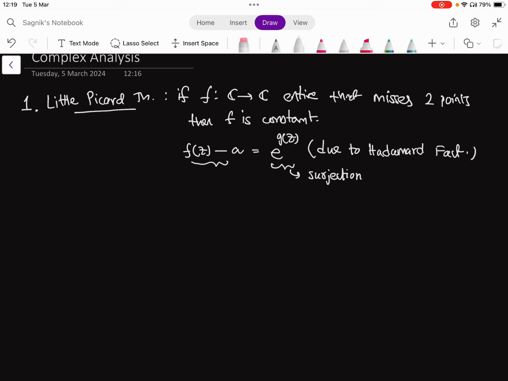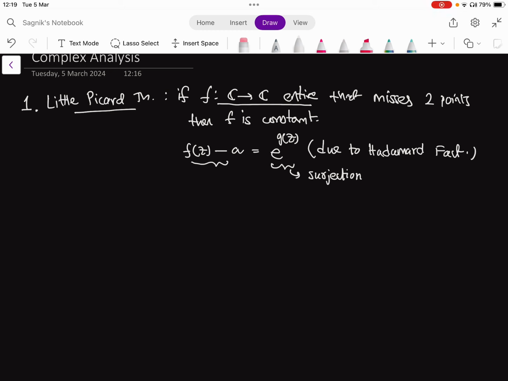So let's see if we can generalize this statement for a bit. So we have here an entire function. So the next possible best case scenario you can think of is a meromorphic function. So you know what's a meromorphic function? It's holomorphic apart from the points where it has some poles. So no essential singularities.